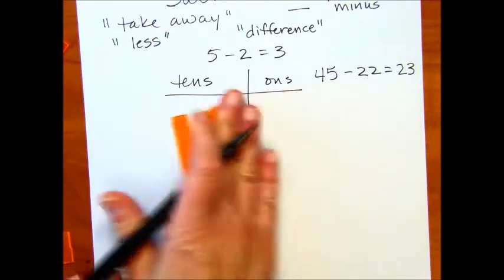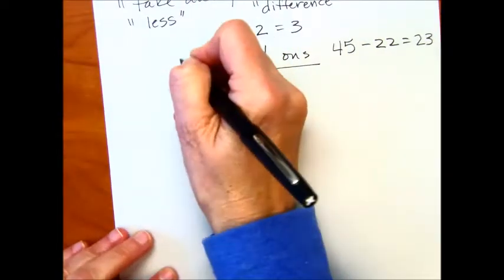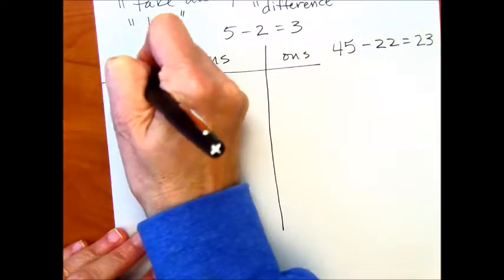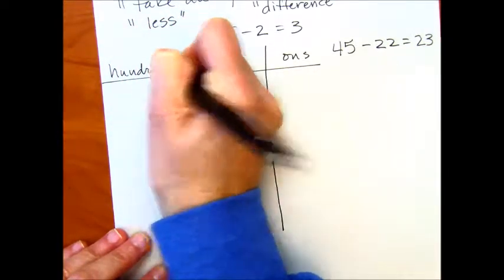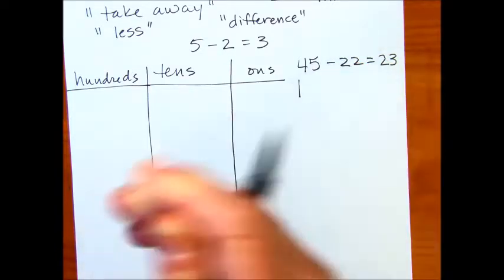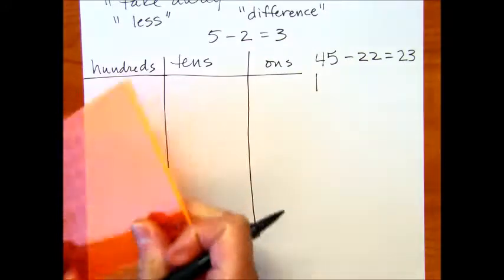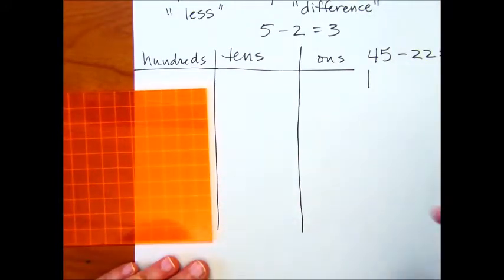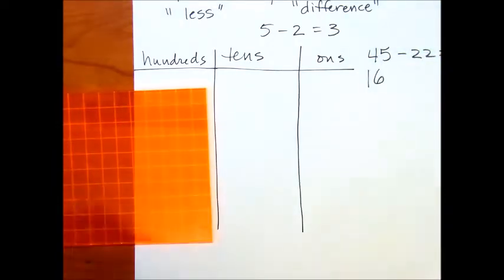Let's do another one. Let's say we have a hundreds place here, so I'm going to add a column. Let's say we have 100, and 6 tens.